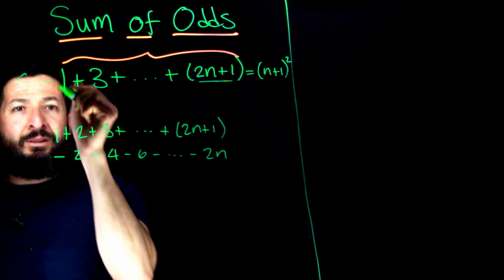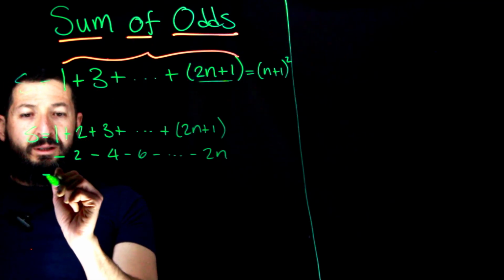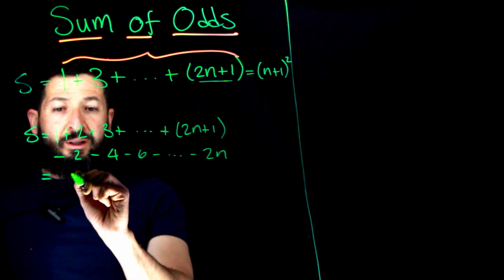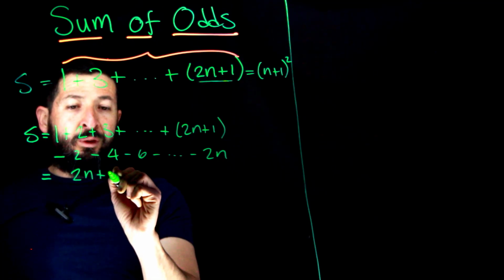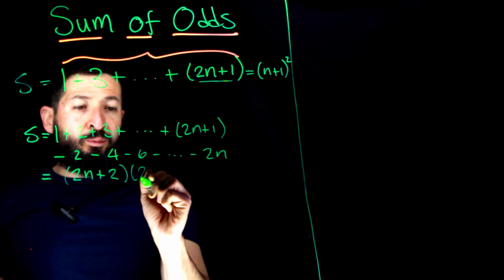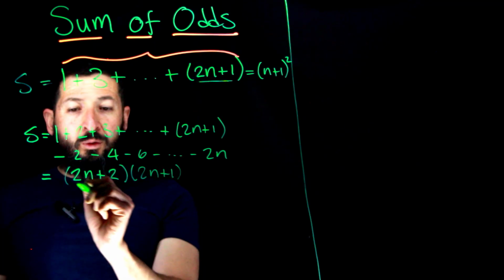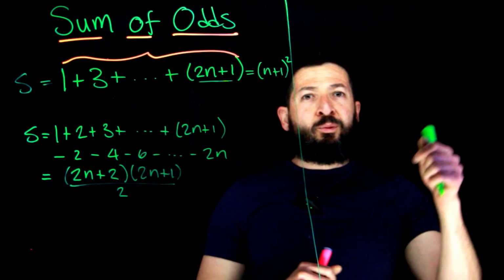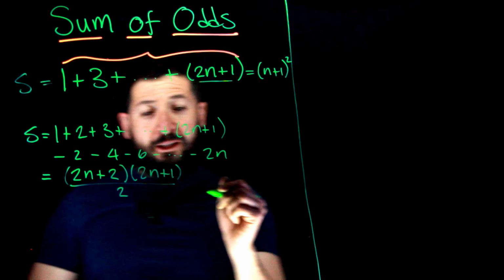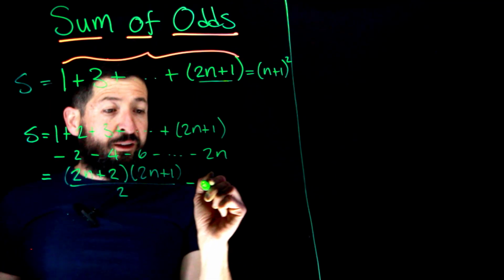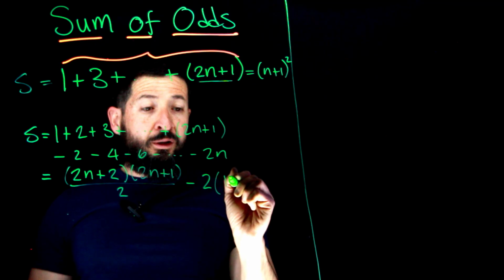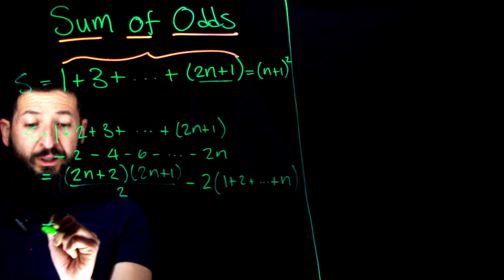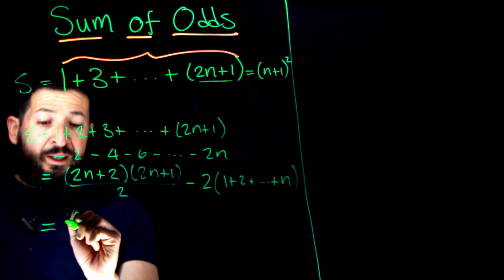Let's call it S. Well, what I can say is that the first part is just the sum of 1 to 2n plus 1, so 2n plus 2 times 2n plus 1 over 2. I'm using the fact that the sum of the numbers from 1 to n is n plus 1 times n over 2, minus 2 times the sum of 1 plus 2 plus all the way to n.